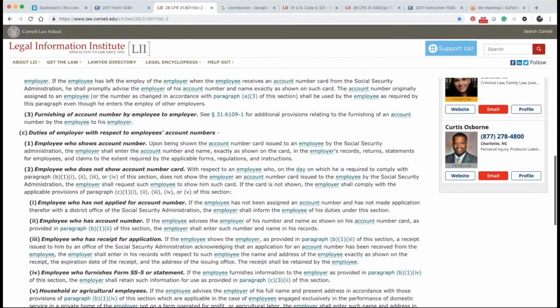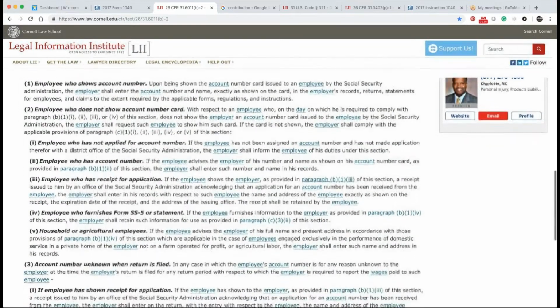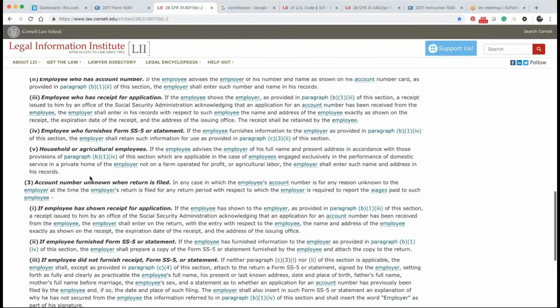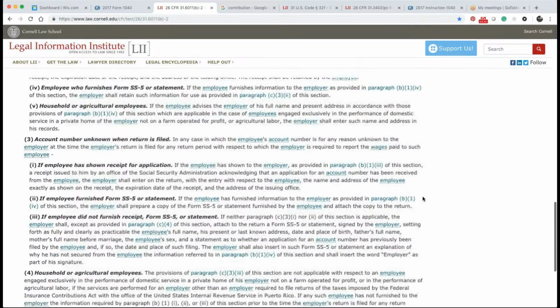I'm going to skip down. Okay, let's go to 3. Account number unknown, return is filed. In any case in which the employee's account number is for any reason unknown to the employer at the time the return is filed, or any return period with respect to which the employer is required to report the wages paid to such employee.